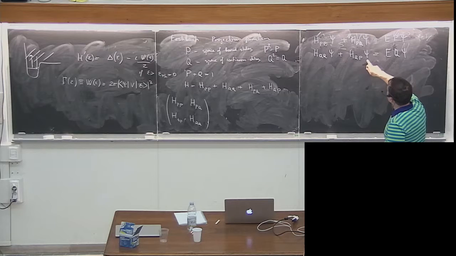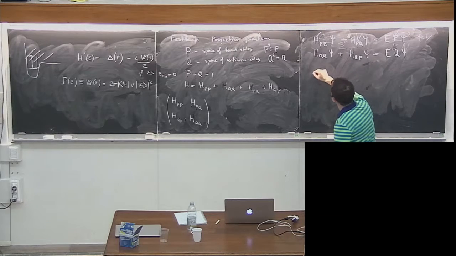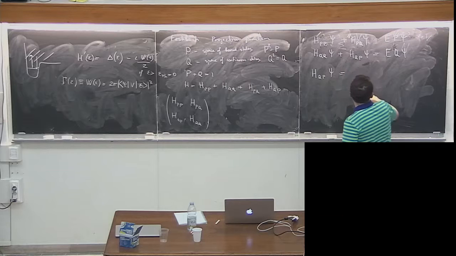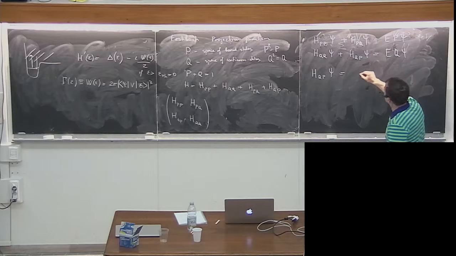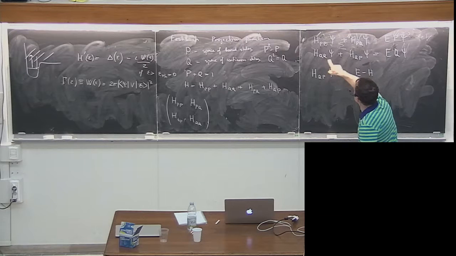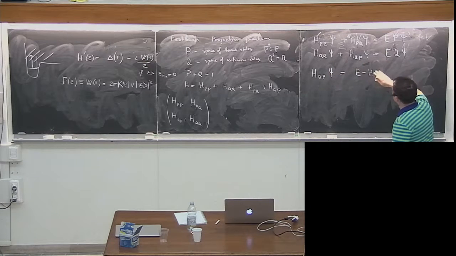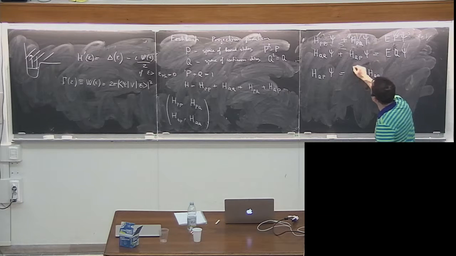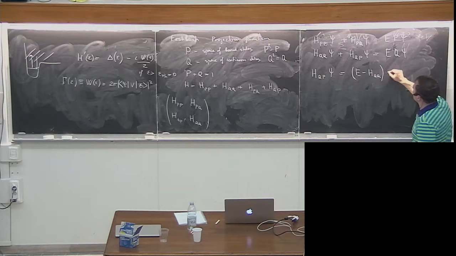What I can extract is H_QP psi equals E minus H_QQ, if I move this to the side, multiplied by the Q component of the psi.